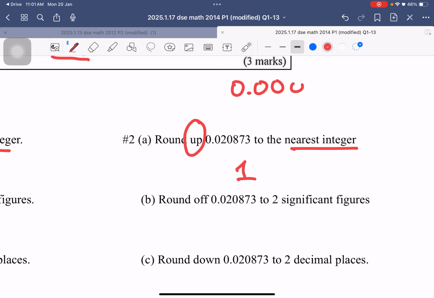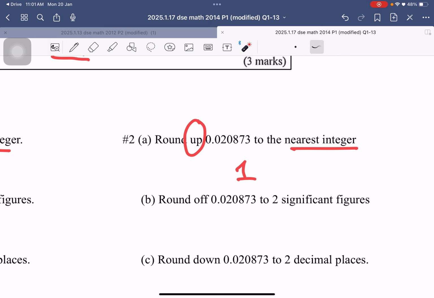If the zeros come first, those zeros don't count as significant figures. After a non-zero number comes out, then the zeros actually count as significant figures.